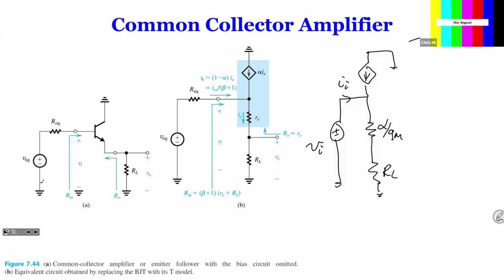So to find R in, we simply find VI over II.